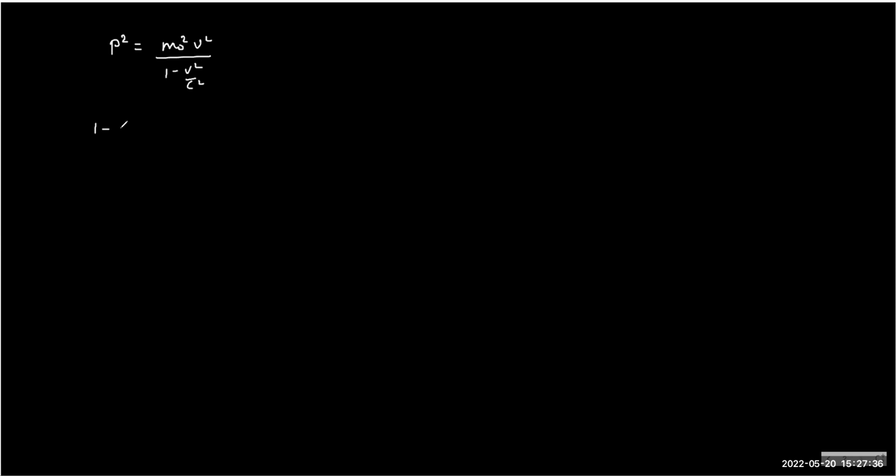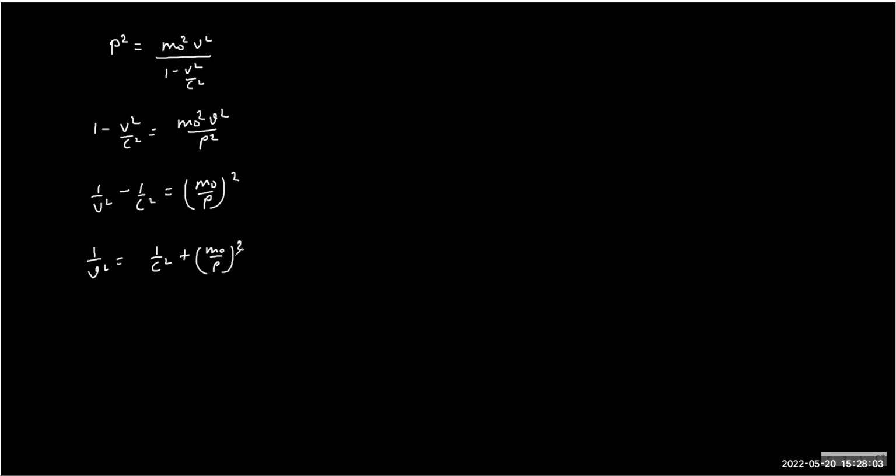So let me write down 1 minus v square by c square, and therefore I can write here 1 by v square minus 1 by c square is m naught by p whole square, right? We can write something like this. Yes. So 1 by v square is... c square by v square. If you multiply by c square, it becomes 1 plus m naught c whole square by p square. Like this, we can write.